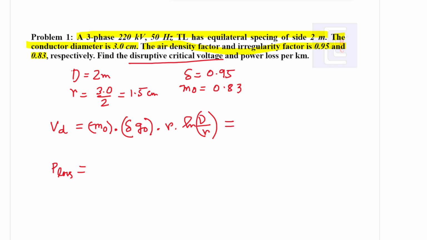If we put in 0.83 into 0.95 into 30 kV peak per centimeter, into R. What is R? 1.5 centimeter.